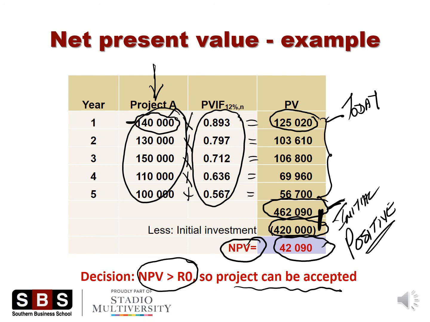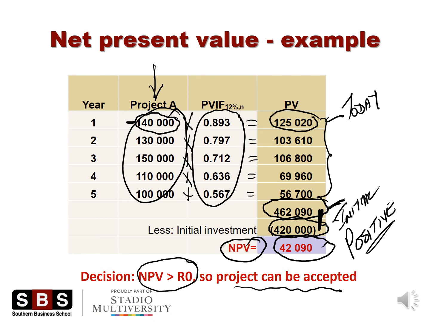So here you have an example that demonstrates to you exactly how to calculate the net present value for an investment in one project. Now, if there are 2 or 3 projects that the entity could invest in, irrespective of whether they're mutually exclusive or independent, you will have to calculate the net present values for each investment in exactly the same way, and then compare the net present values.